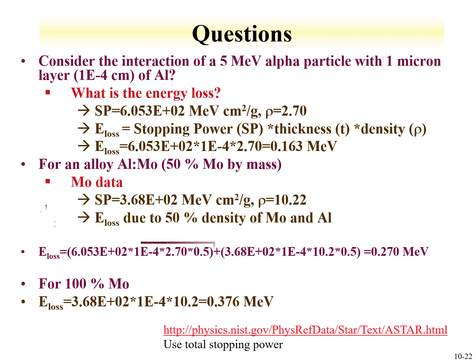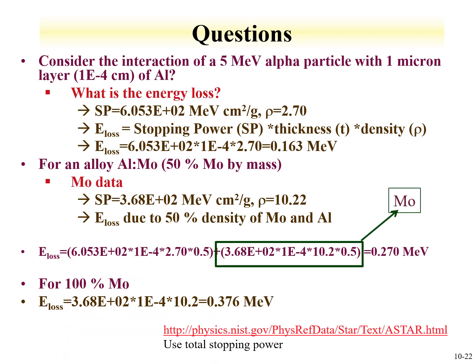There's an aluminum part, which is the same as up here, except now we've taken half of it because we're saying it's half of the aluminum density. And then we add to that a molybdenum component. Again, it's the same thickness, but half of that density is due to molybdenum. And what we see is that we absorb about 0.27 MeV of energy from this 5 MeV alpha particle in a 1 micron thick layer of this alloy.